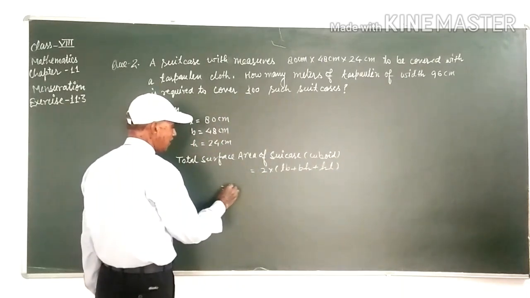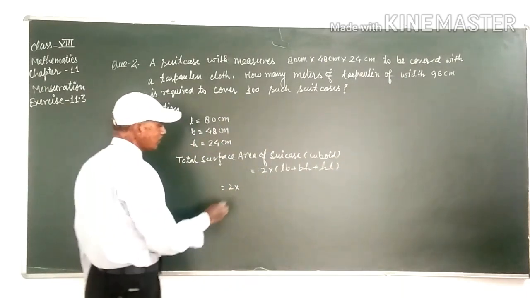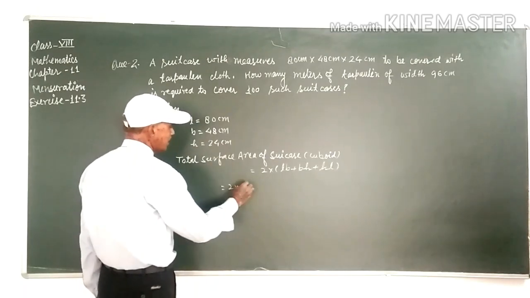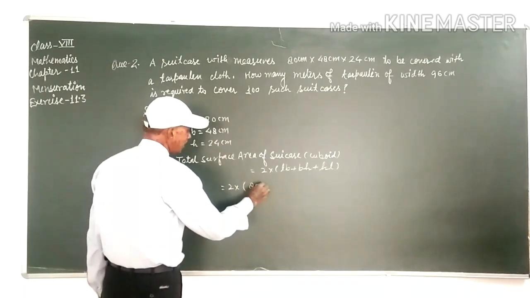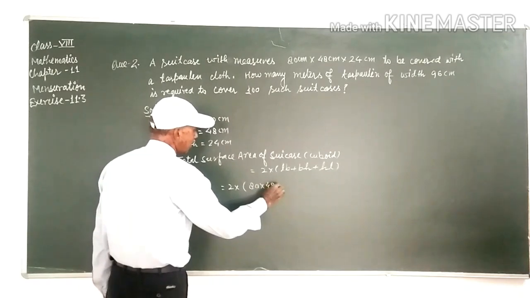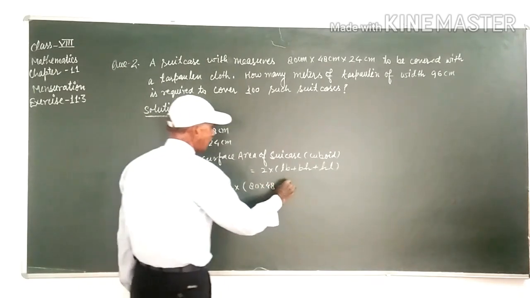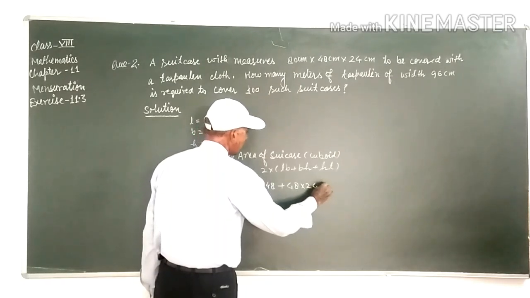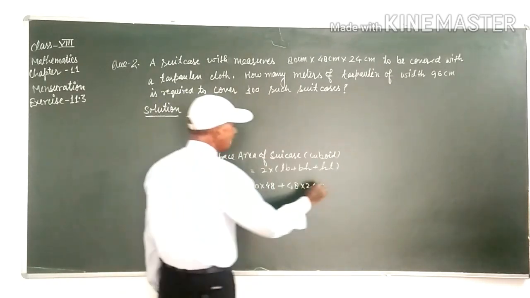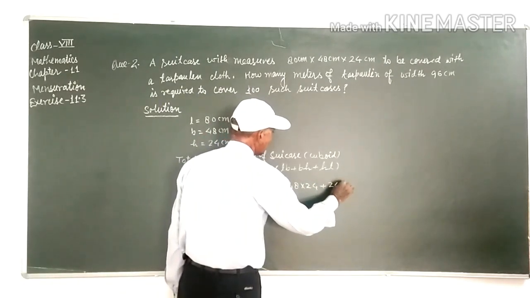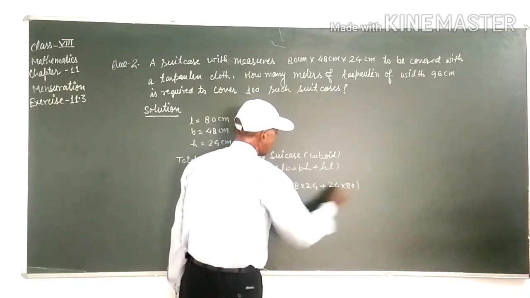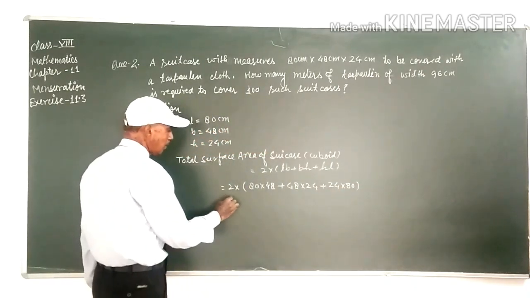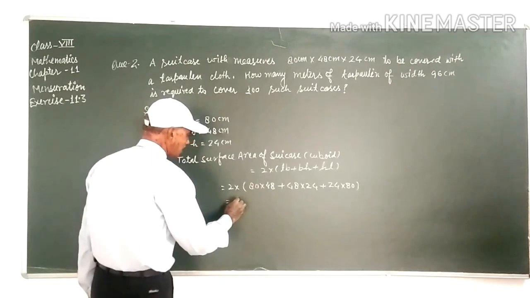Now this one will be 2 into, what is length? That is 80 into 48 plus 48 into 24 plus 24 into 80. Clear, student?